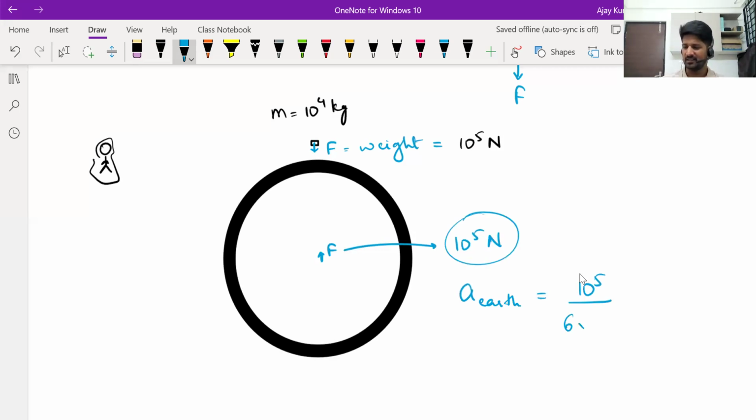Mass of earth is around 6 into 10 to the power of 24 kg. Now 10 power 5 by 10 power 24 is 10 power minus 19. That's like 0.00 and so on, 19 zeros and then 1. Negligible. That is why we don't feel the earth accelerating.